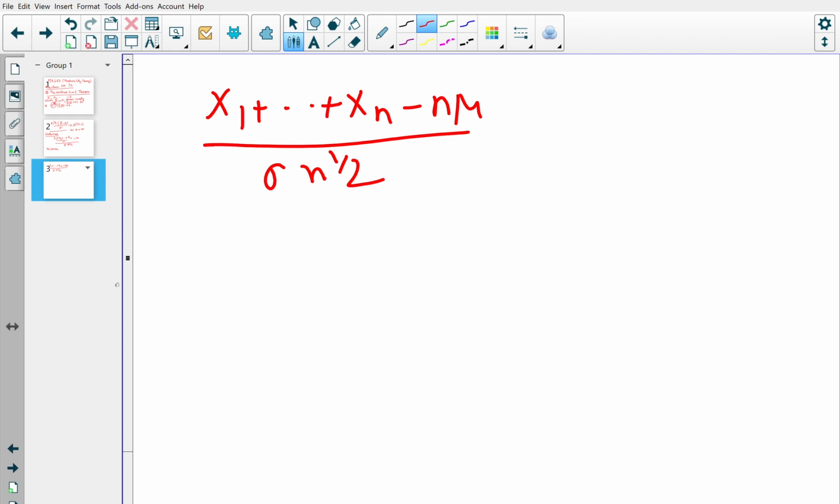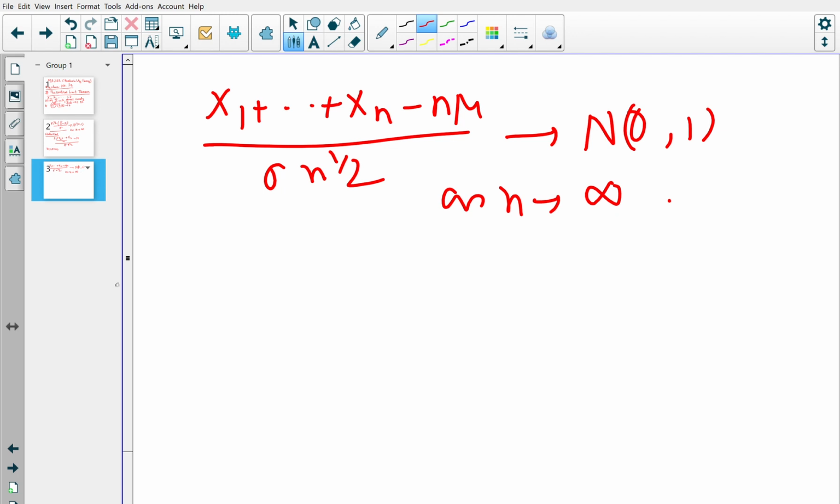Clear? So the central limit theorem tells you that this quantity tends to the standard normal distribution as n tends to infinity. This is a very nice theorem.